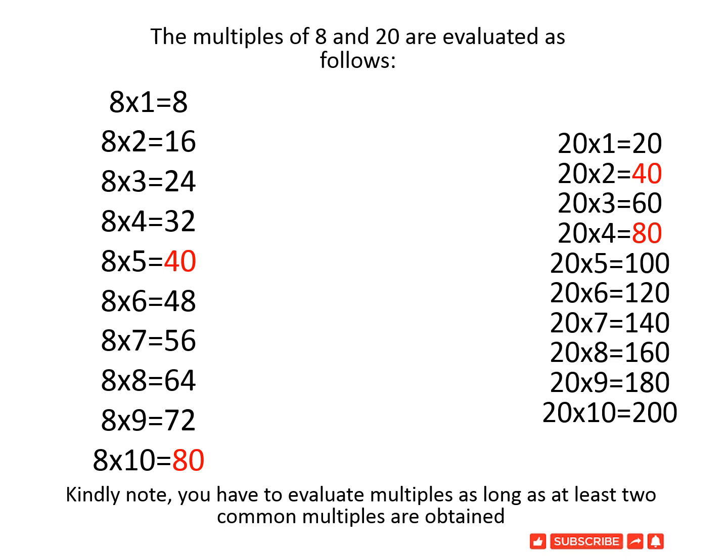Here you can see I have multiplied 8 with all the natural numbers, and 20 with all the natural numbers. So I have already evaluated the multiples of both numbers.